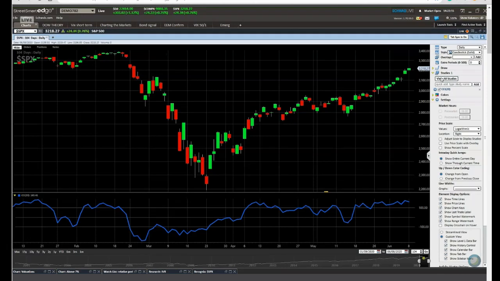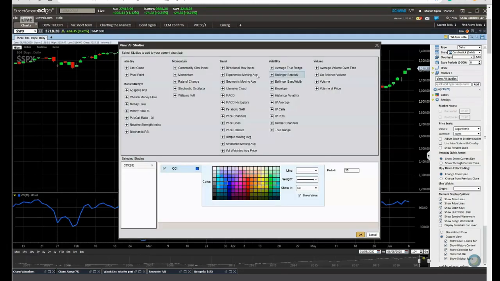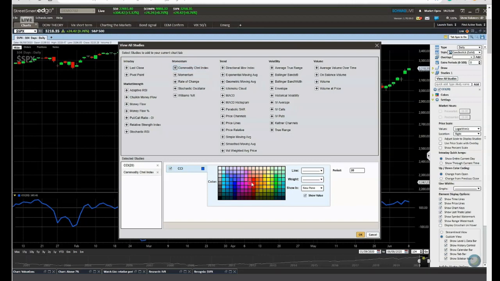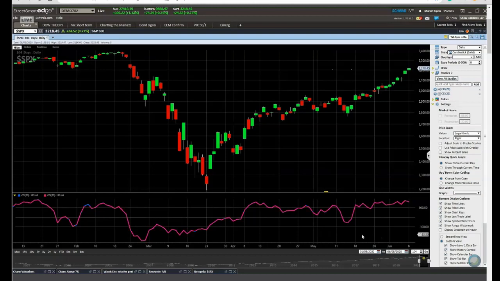How do you do that? Again, you go here, you pull up another CCI, change the color, but here is the trick. You don't say show in new pane, you open this up and you choose the pane where the CCI is already in there. And now you'll have both lines.